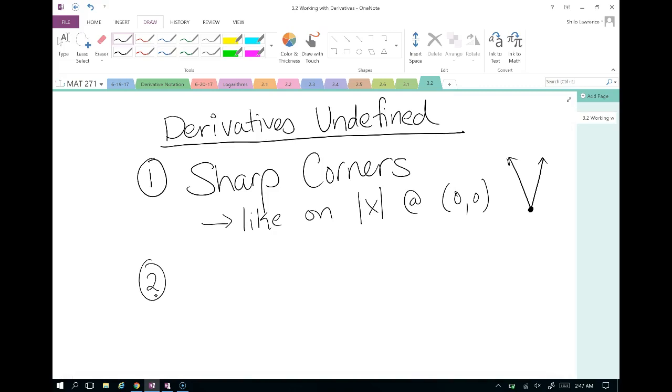One of them is if the limit does not exist. Another one is if the functional value does not exist. And then the third one is if the limit and the functional value are not equal to one another. So all of that was in the very last section of chapter 2. So if any of those three criteria hold, that means our function is not continuous, and that means that our derivative is going to be undefined.